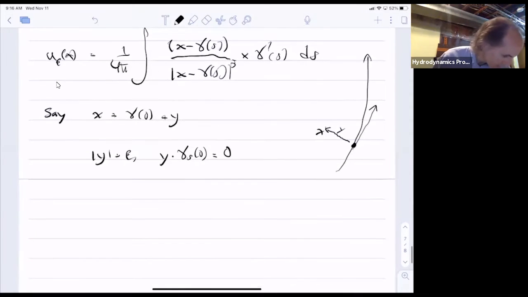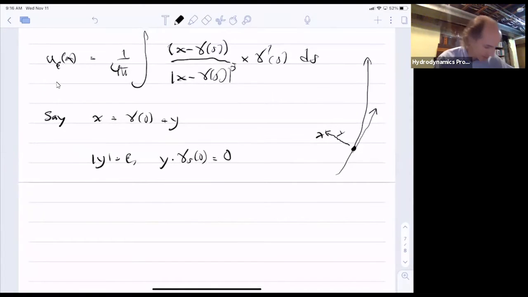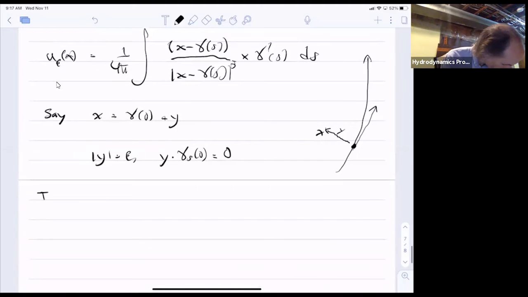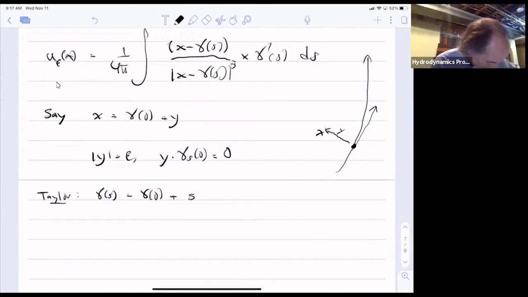Okay, and so then I want to just do a Taylor expansion. So gamma of s is gamma of 0 plus s gamma prime. Here I'm imagining time is frozen, and so there's only one variable s, so I can write prime without ambiguity.